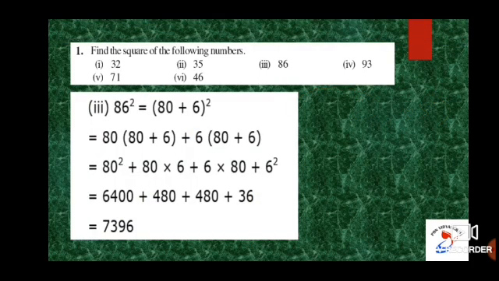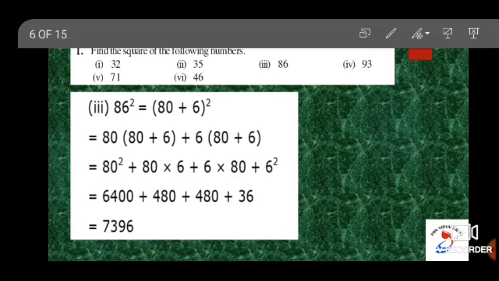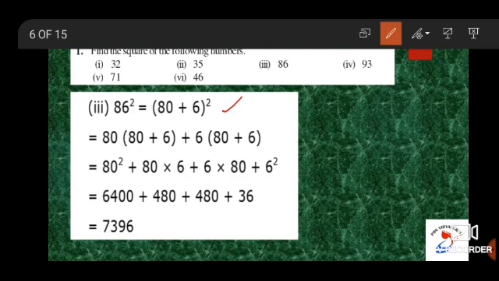Subdivision 3, it is 86 square. 86 again you can write as (80 plus 6) the whole square. So that is also 80 into (80 plus 6) plus 6 into (80 plus 6). That is 80 square plus 80 into 6 plus 6 into 80 plus 6 square.